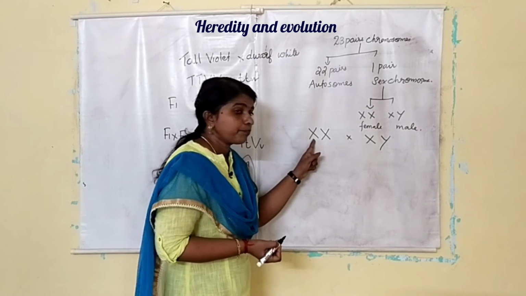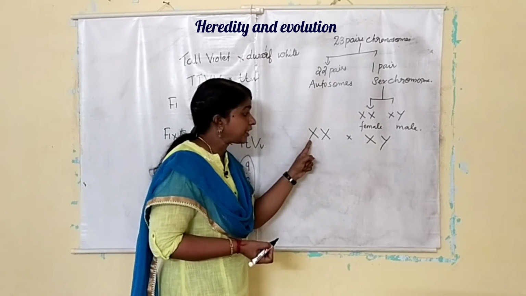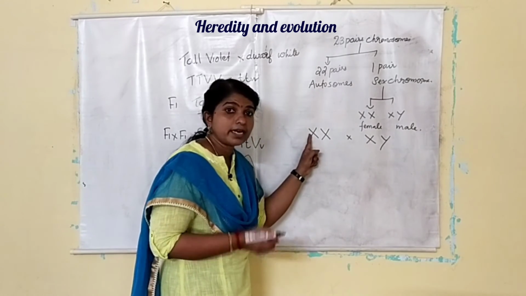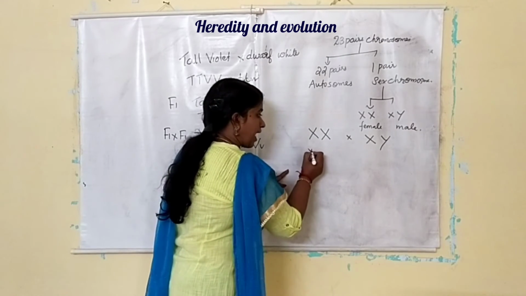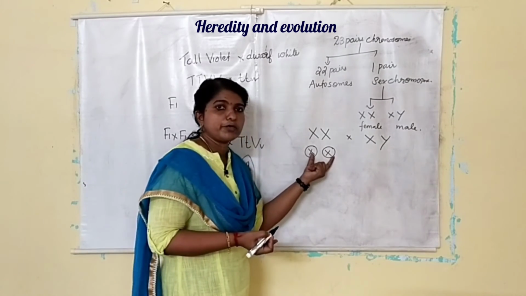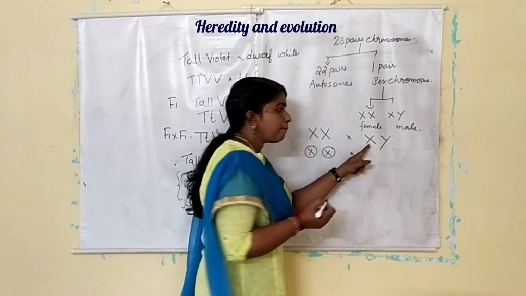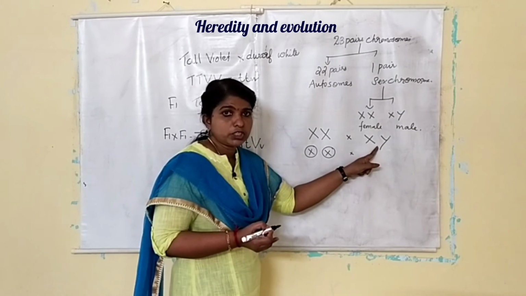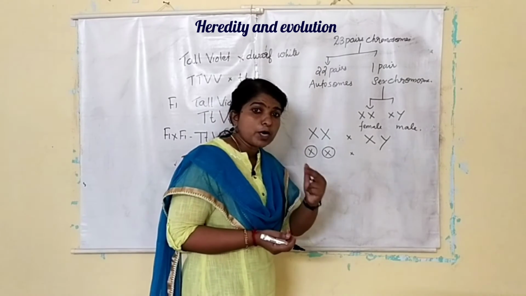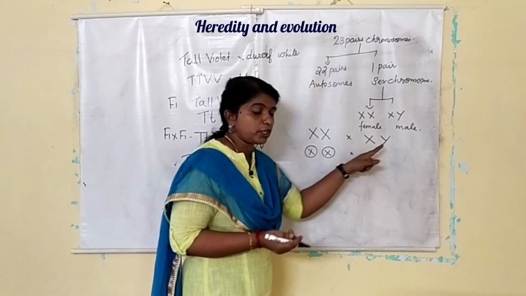So the female produces all the eggs with the X chromosome only, because both the sex chromosomes are the same. All the eggs produced by the female are the same. But the male can produce two different types of sperms: sperms with the X chromosome and sperms with the Y chromosome.